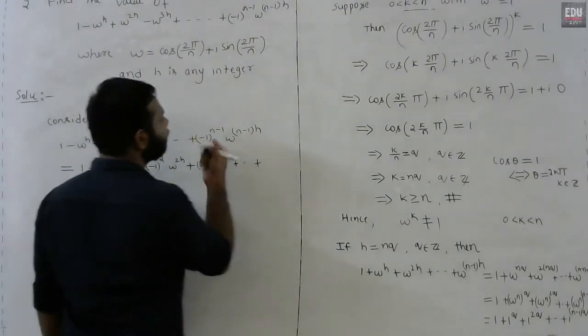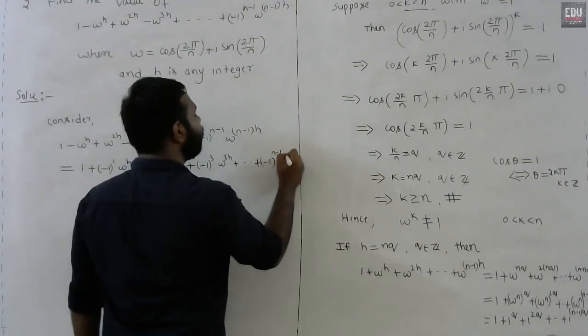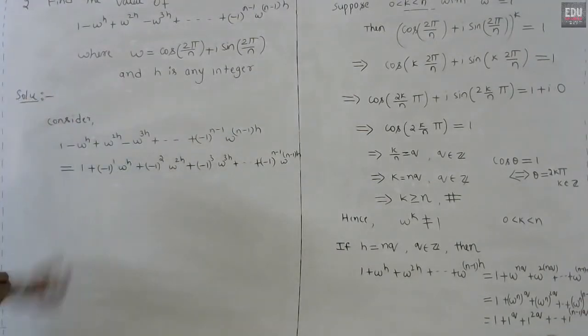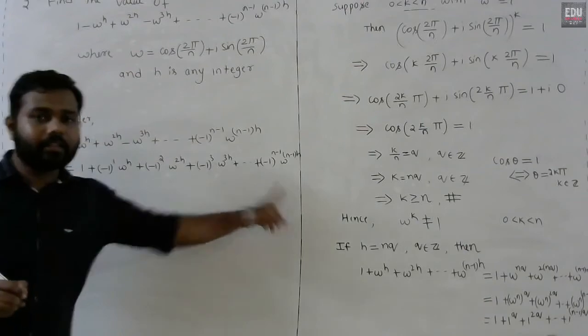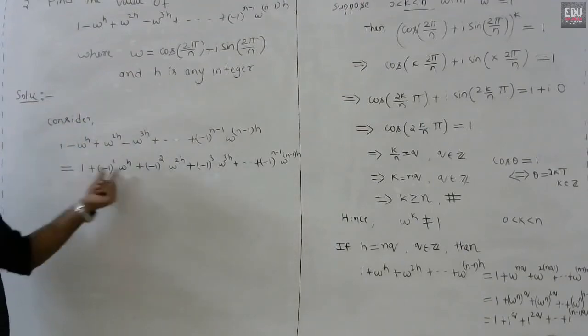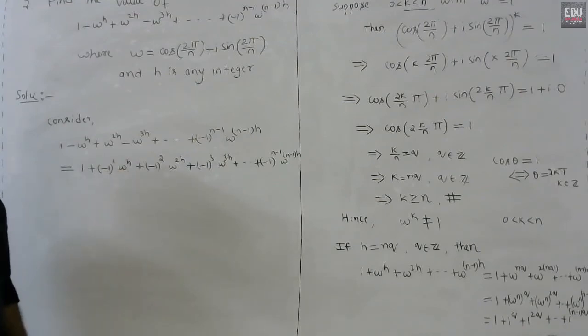So like this, the nth term, minus 1 to the power n minus 1 into omega power n minus 1 into h. Now you can observe that it is once again a geometric series with n terms, initial number 1, and the common ratio is minus 1 to the power 1 into omega power h.